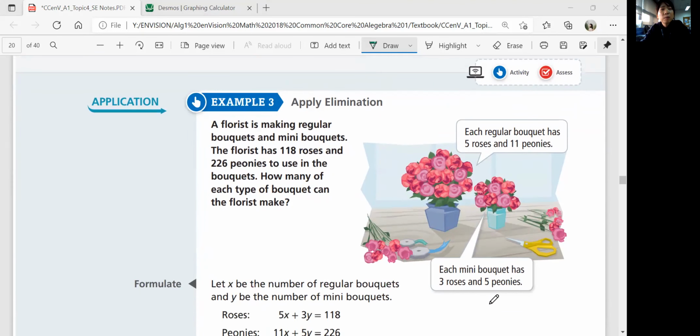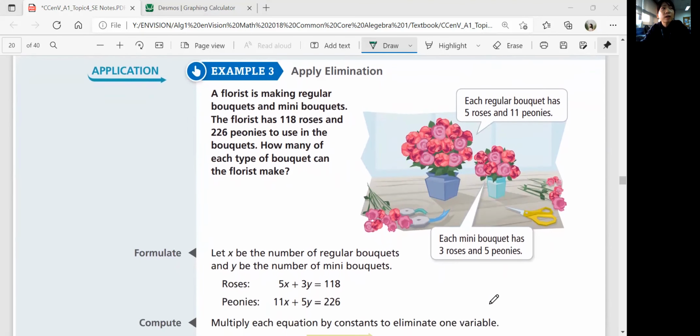Example 3, we're going to apply the elimination method. The florist is making regular bouquets and mini bouquets. The florist has 118 roses and 226 peonies to use in the bouquets. How many of each type of bouquet can the florist make? So each regular bouquet has 5 roses and 11 peonies.